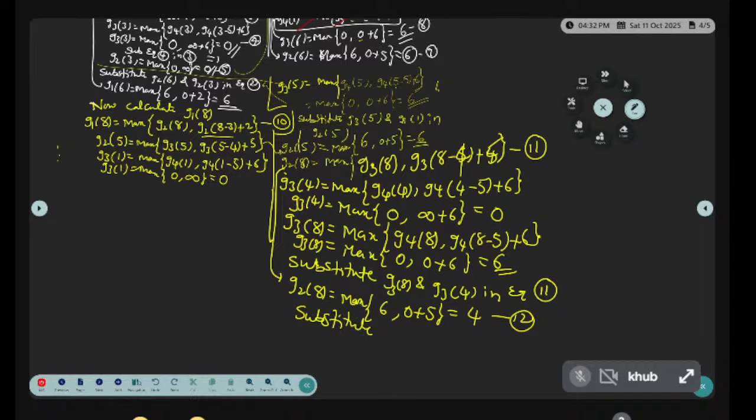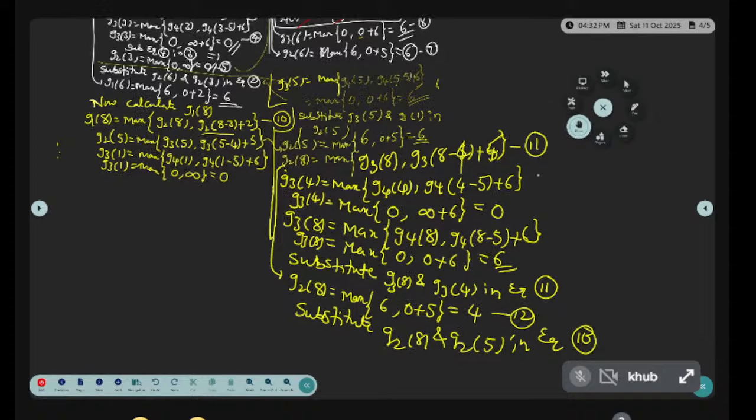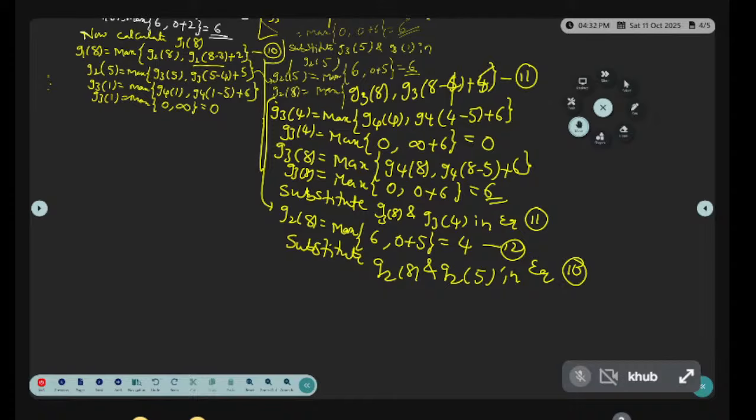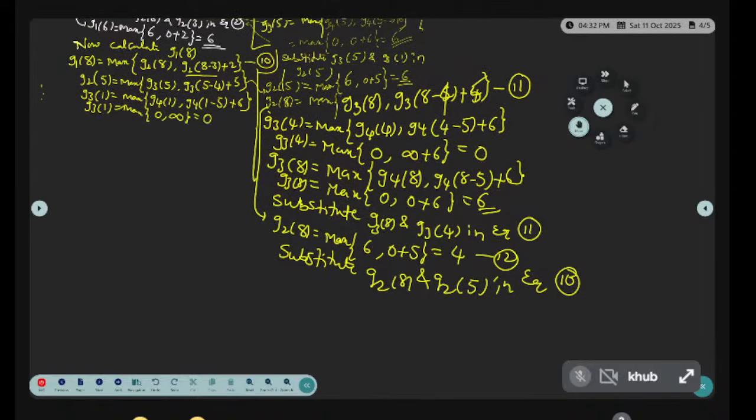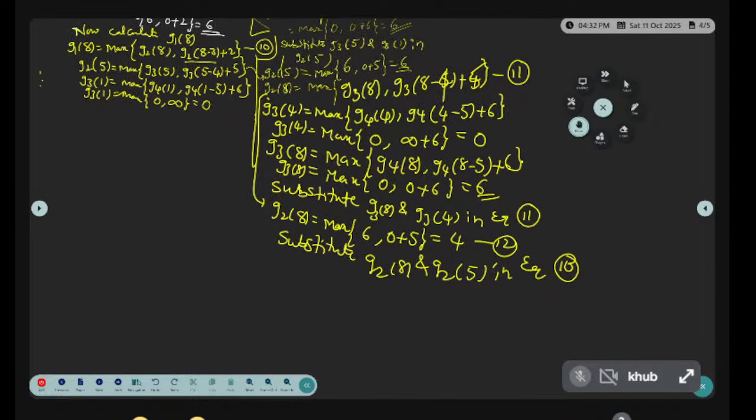Substitute G2 of 8 and G2 of 5 in equation 10. Equation 10 says that G1 of 8 is equals to maximum of G2 of 8, 4, G2 of 5.